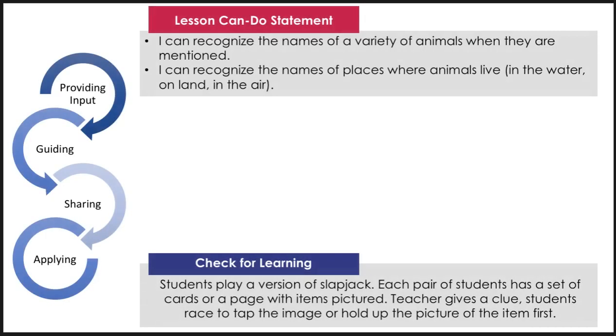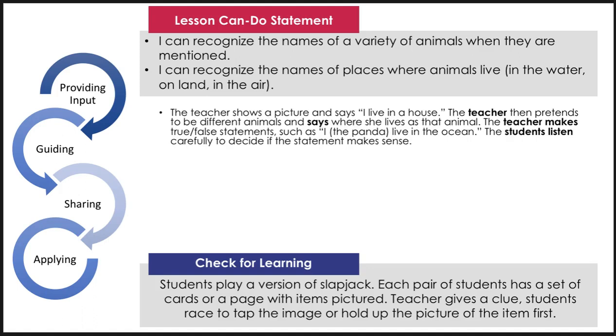This lesson that is outlined here takes you through the steps. Again, there is a science to the process, but how you determine which activities will move students from the lesson can-do statement to the check for learning is really dependent on you and who your learners are. But you can see that the first step, the teacher is doing the input.